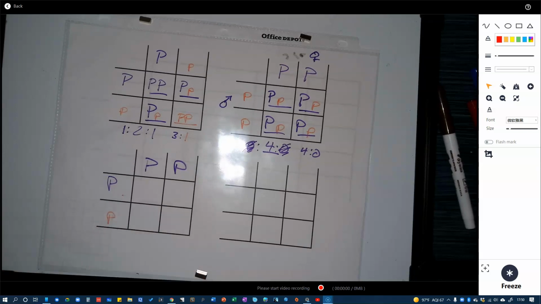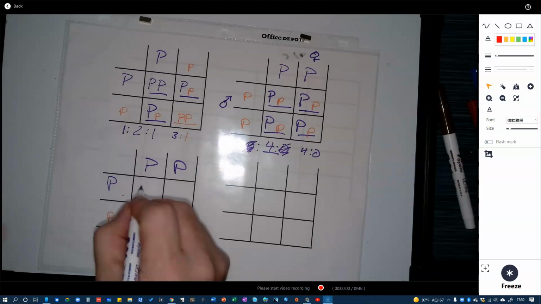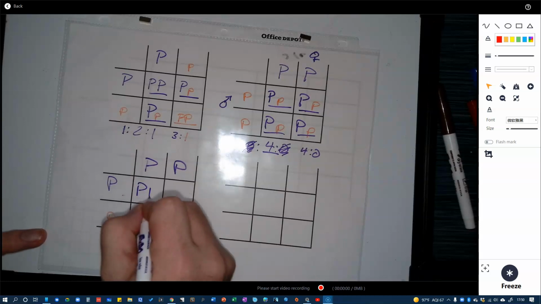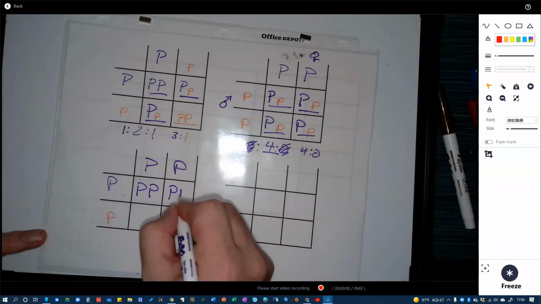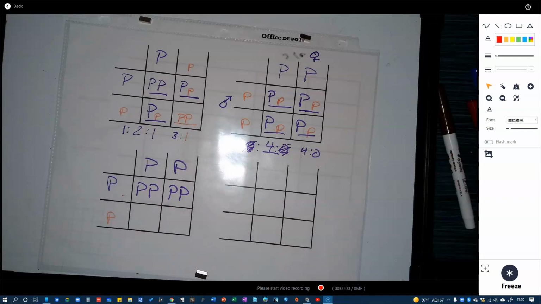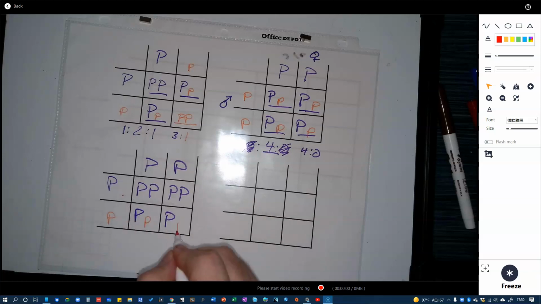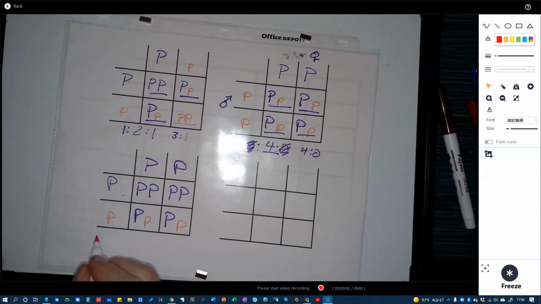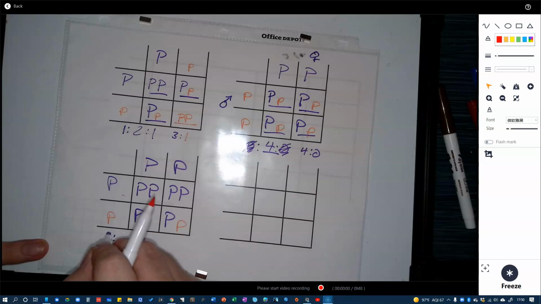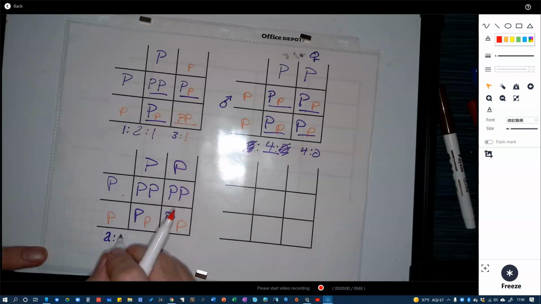And what you end up with is, in both of these squares, you'll have homozygous individuals, right? And in this one, you'll have heterozygous, right? Because we come across and come down, come across, come down. And so here you end up with a ratio of 2 to 2 to 0.